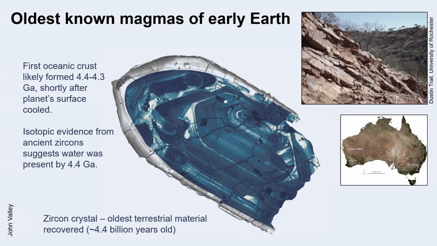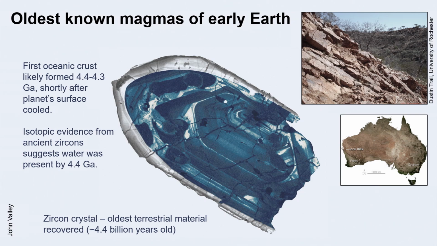These crystals, which are a type of silicate, neosilicate, form and capture the chemistry of the material they're forming from, within these zones. So they're a little bit like trees, when you cut a tree and you see the growth rings. These crystals contain these growth rings, which we can analyze, and then we can understand the conditions that they represent.